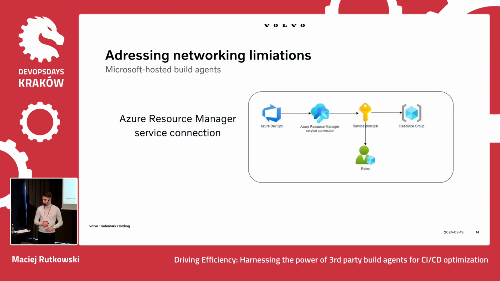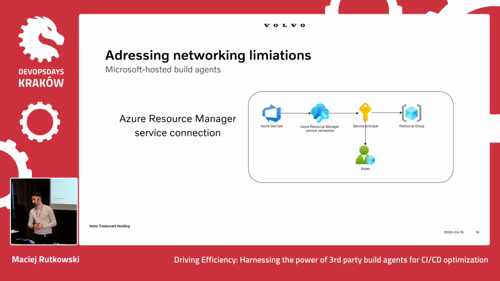Now, let's address some networking limitations. How can we manage, provision, and update our resources from such agents in our resource groups, subscriptions, and so on? We have a few ways we are able to do it. For example, managed identities, workflow identity federation, and, as shown here, service principal.